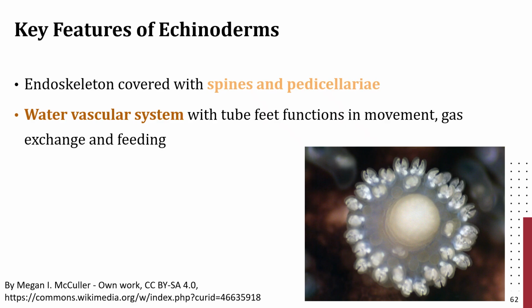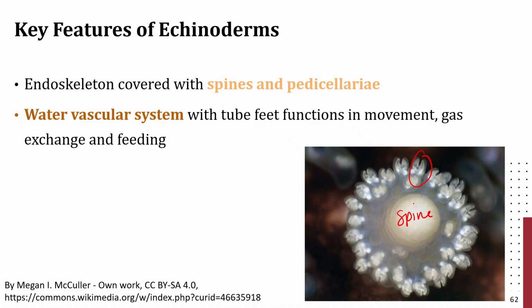They're to deter predators and for protection. Pedicellariae are basically little pinchers that occur on the outside of the endoskeleton. There's an example here of a spine in the center with pedicellariae on the outside. So you can see those pincher-like structures. So that's going to be for protection.